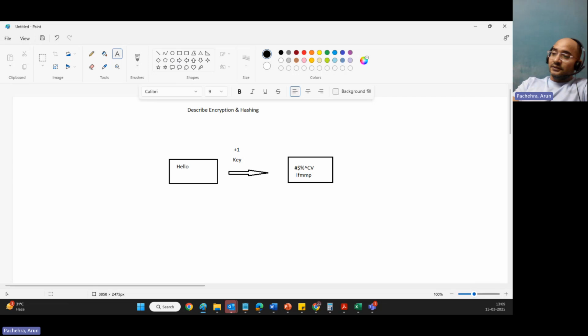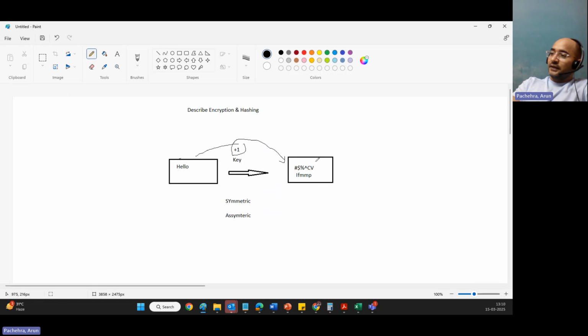Now, we understood this, but there is one more thing: types of encryption. We have symmetric encryption, and we have asymmetric encryption. As the name says, symmetric means this +1 key. We are encrypting with this key, and this is the result we get.